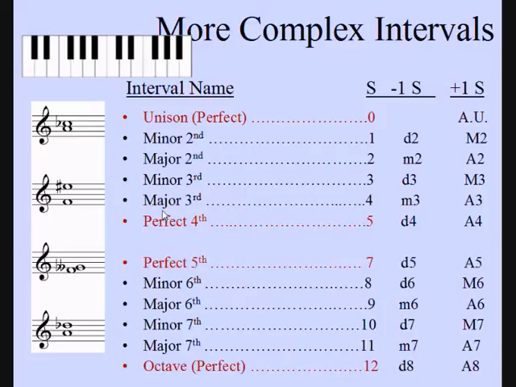Therefore, we need to look at this. A third has either 3 or 4 semitones according to whether it is a minor or a major. Now, let's count the number of semitones here. This is an A and this is a C flat, therefore it's 0, 1, 2. So we have 2.